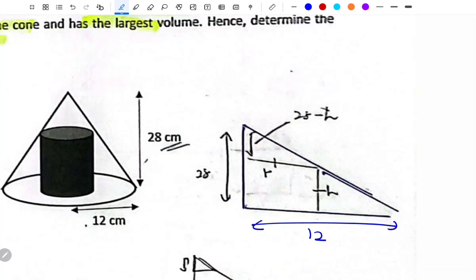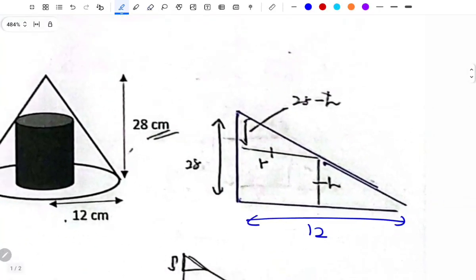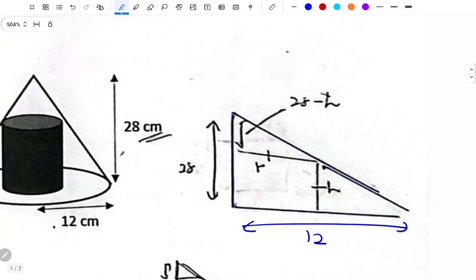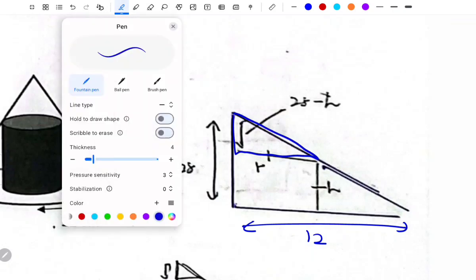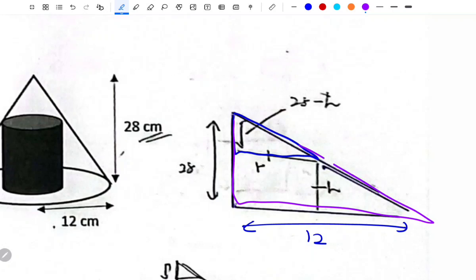So right now we only want this one, but how can we know this one? We can do the ratio. If you realize, we have two circles here. First we have this circle, and next we have this big circle, and this circle is exactly the same but a different ratio. So what can we do? We can do the ratio.